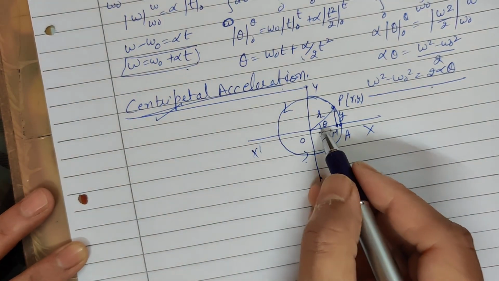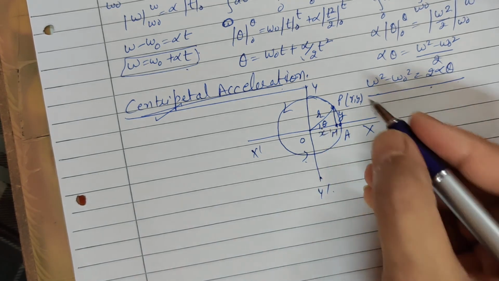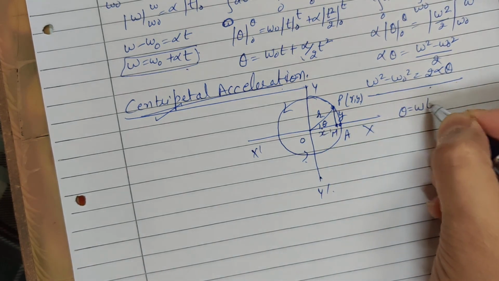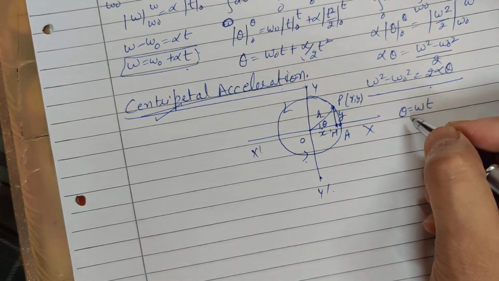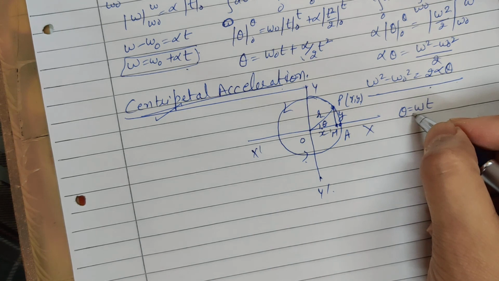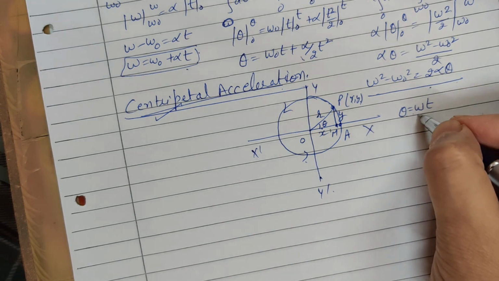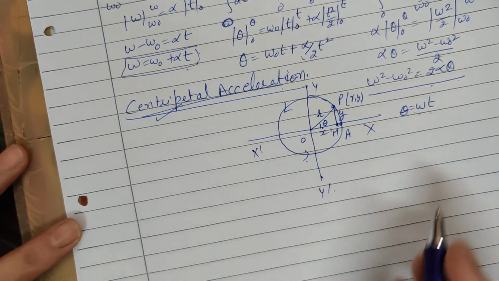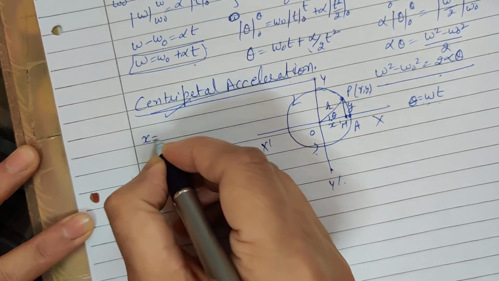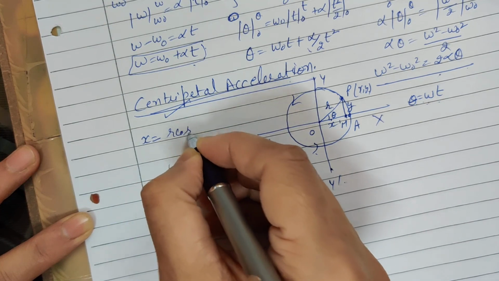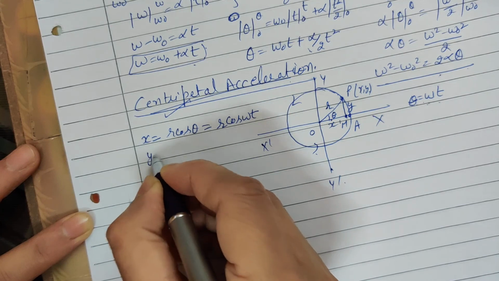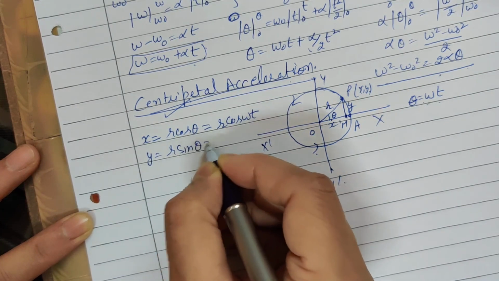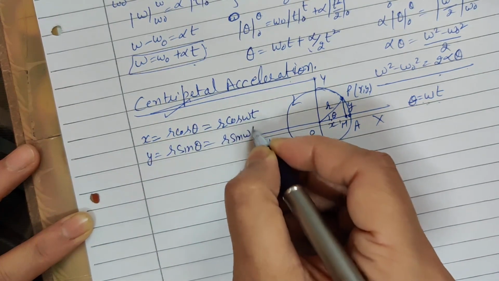And how do we write the values? By this angle theta, and theta is equal to omega t, where omega is the angular velocity. Now we write x is equal to r cos theta, that is r cos omega t. y is equal to r sin theta, r sin omega t.